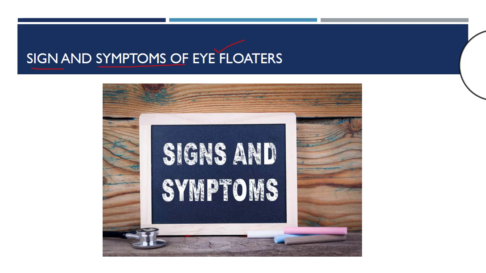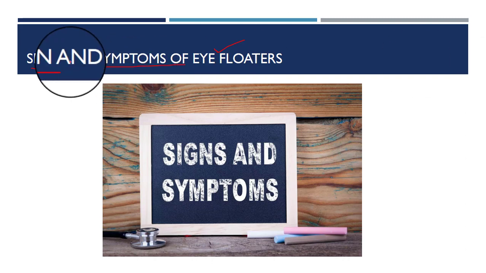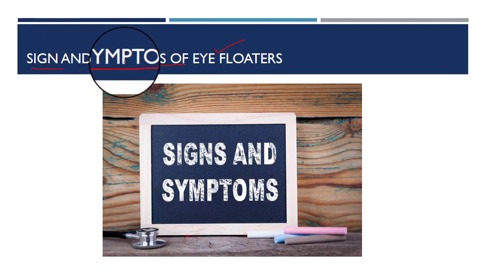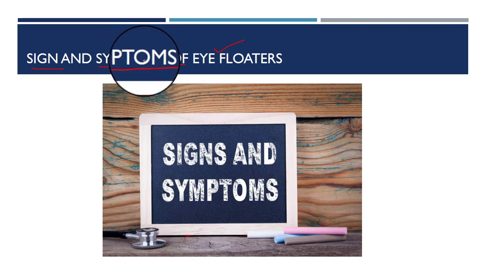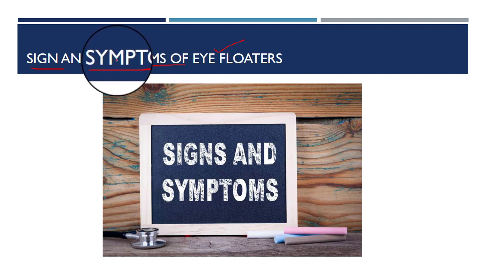So symptoms of eye floaters may include, first, small shapes in your vision that appear as dark specks, transparent strings of floating material. Secondly, spots that move when you move your eyes. So when you try to look at them, they move quickly out of your visual field.